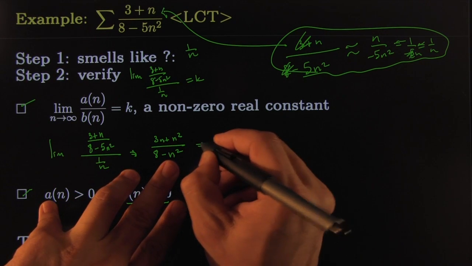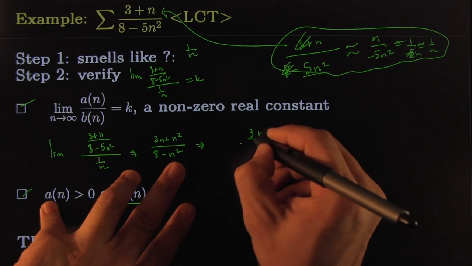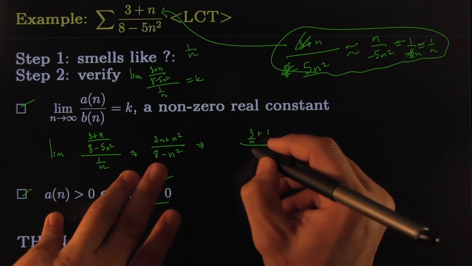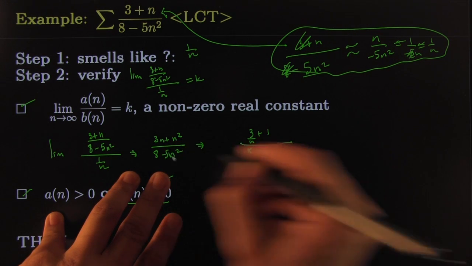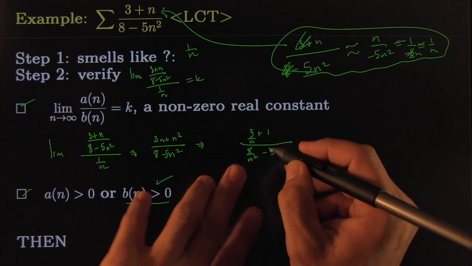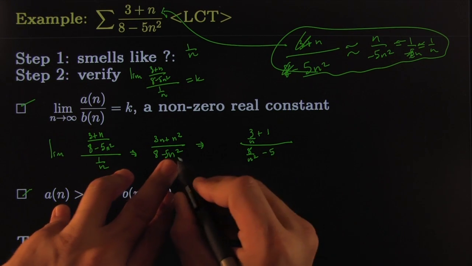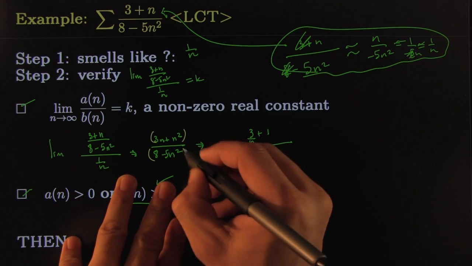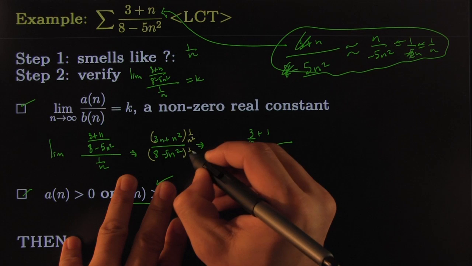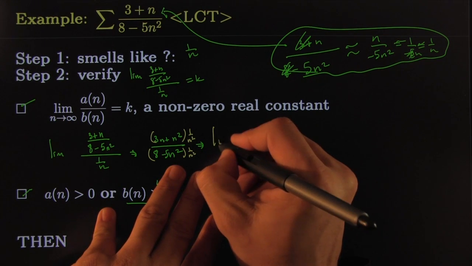I forgot the 5, minus 5. I multiply top and bottom by 1 over n squared. That helped me simplify into this, and now I'm ready for my limit business here.